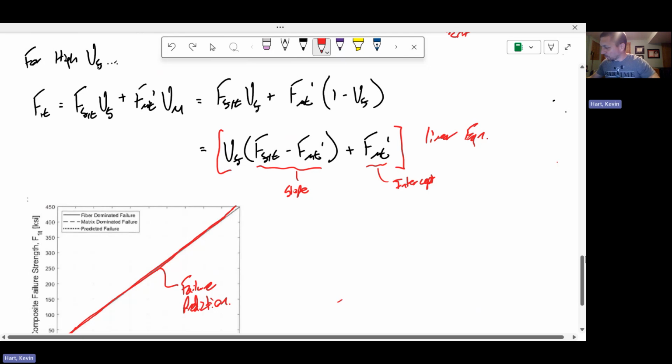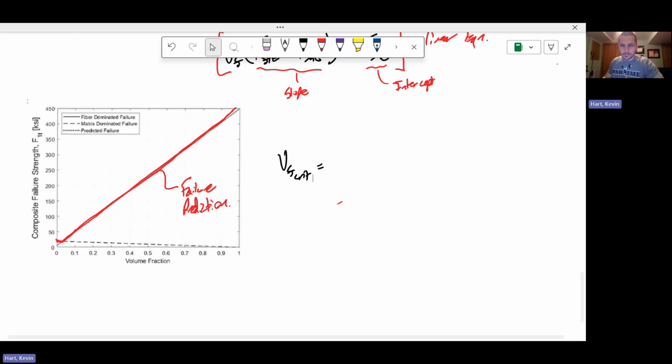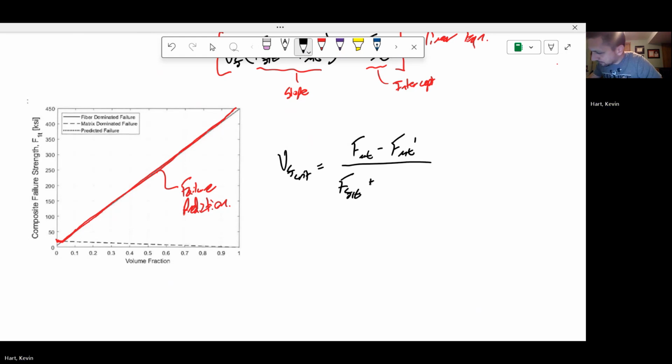Okay, so let's calculate the critical volume fraction. Remember that VF crit for case 2 is FMT minus FMT prime all over FF1T plus FMT minus FMT prime.